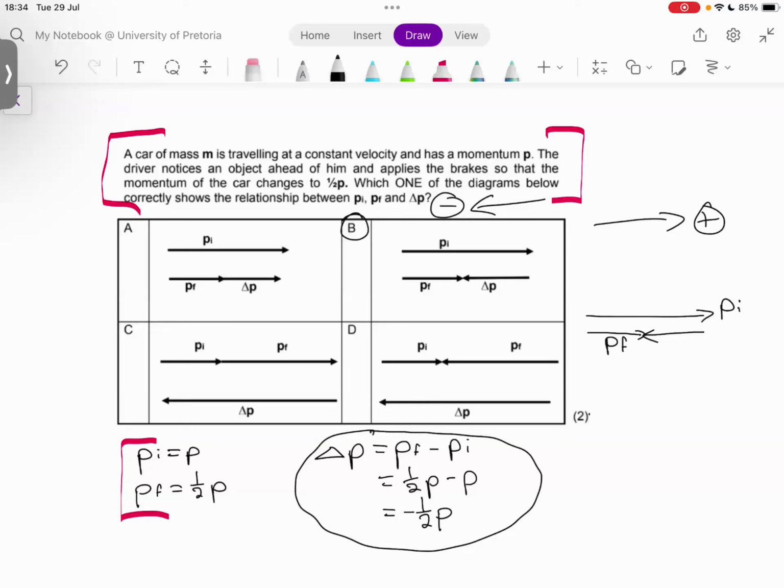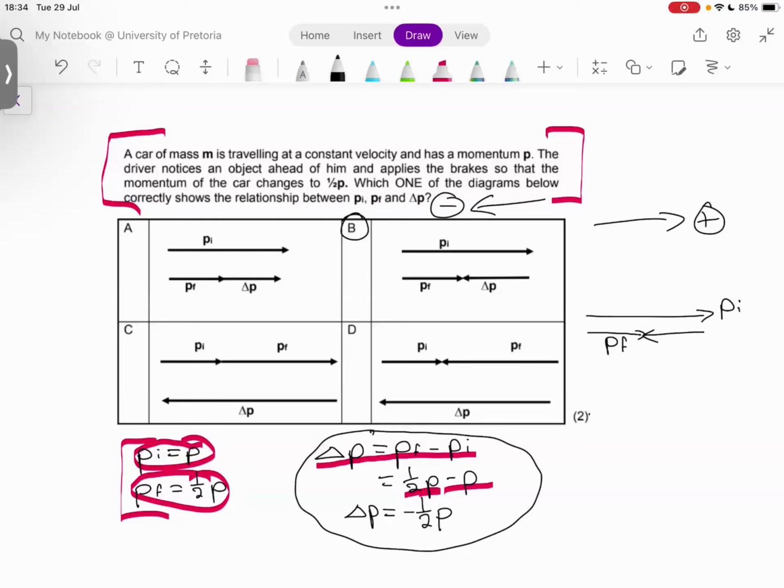The change in momentum is the final momentum minus the initial momentum. From then, I substituted in P and half of P in their relevant places, and I found an answer for my change in momentum to be minus half of P.